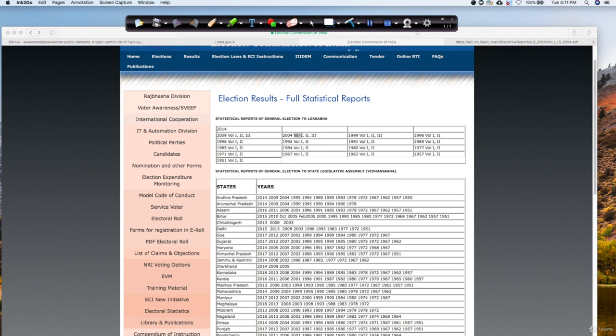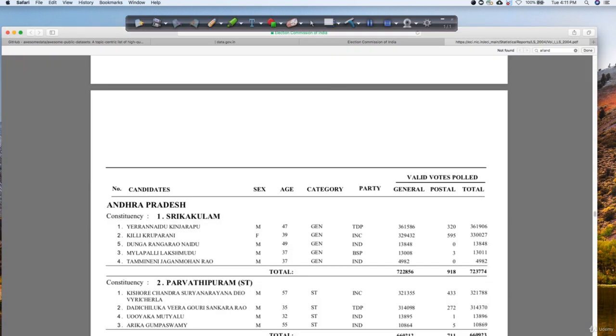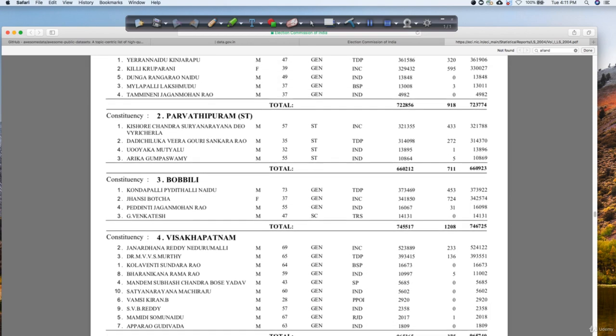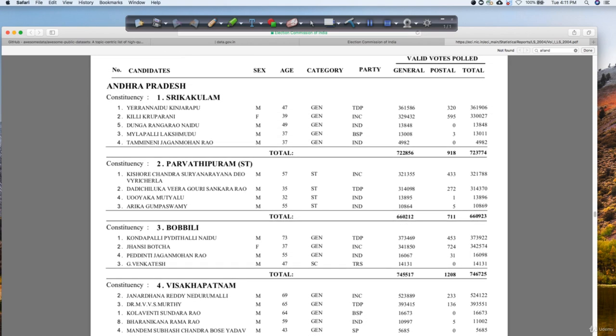So this is what this data is all about, and you can see that we have 2014 data also available, which is the last election that happened in India. I'm going to pull up this 2004 volume 1 data randomly, and if you open it up and come to page number 191, you can see data like this.